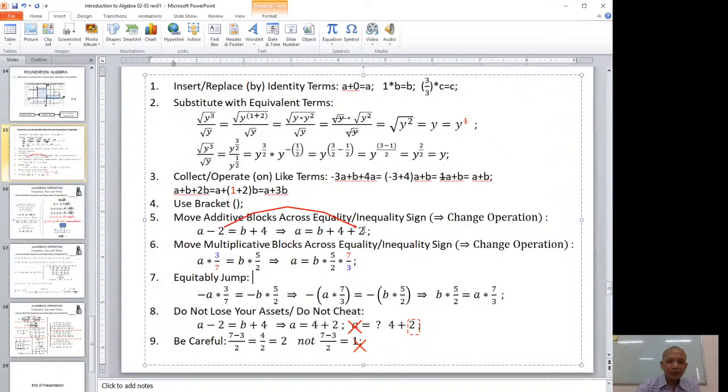Negative 2 becomes plus 2, or minus 2 becomes add 2.